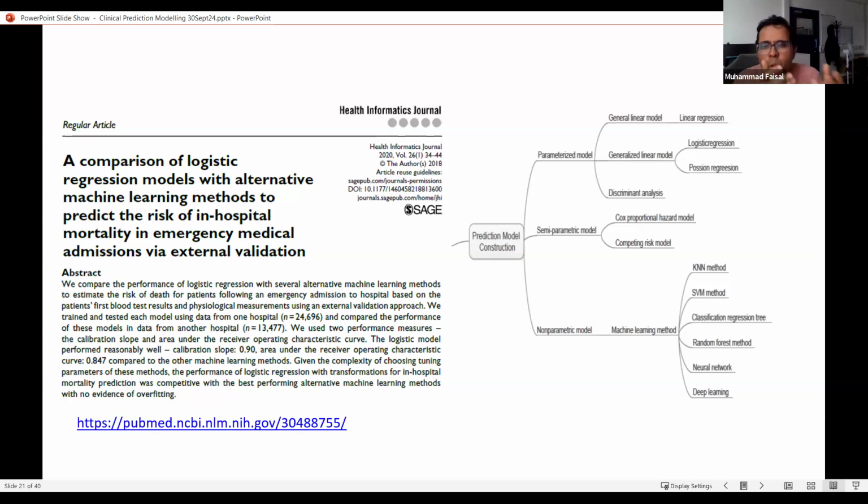We believe they pick up more from the data and learn from the patterns. But we found that when we do external validation for predicting mortality, logistic regression and those fancy algorithms perform similarly. But if you're just doing internal validation, then machine learning is overfitting, so it's actually giving better results.